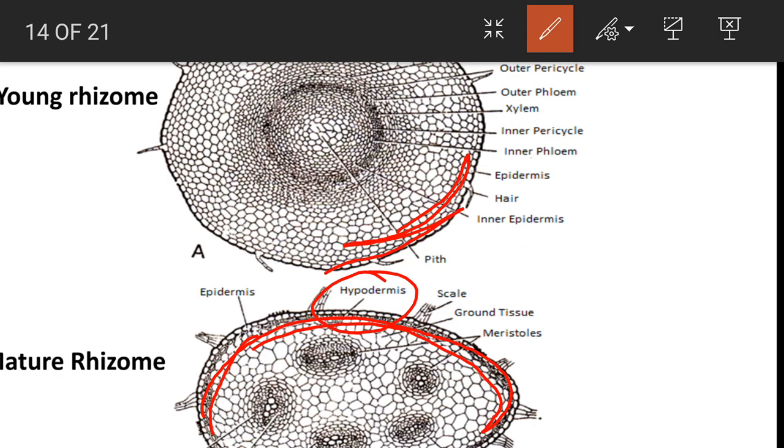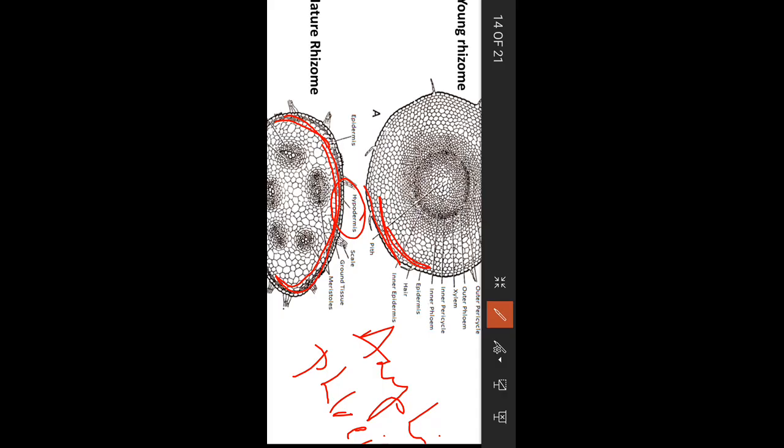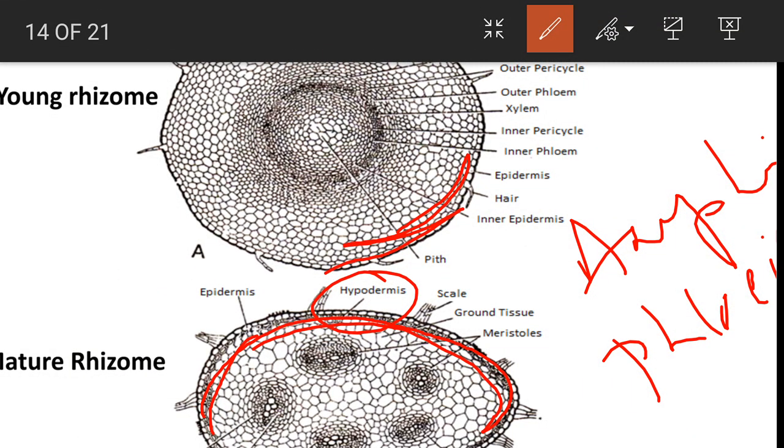You are going to find the difference here. That is, when the rhizome is young, the stele is said to be amphiphloic siphonostele.